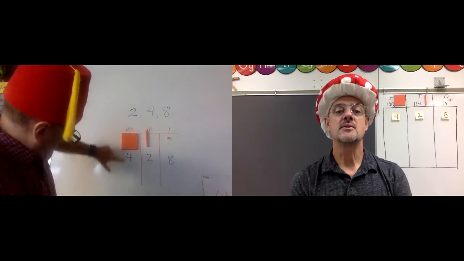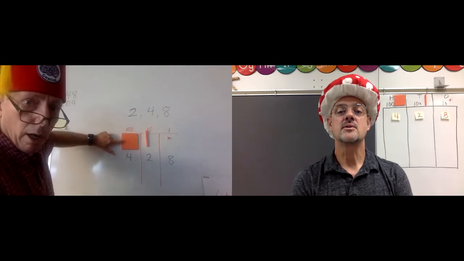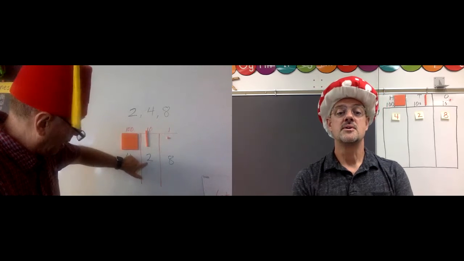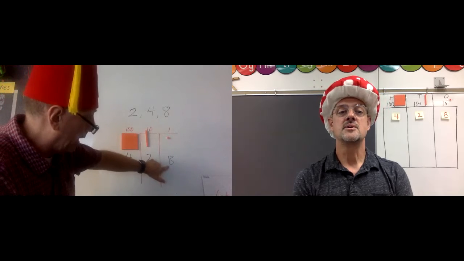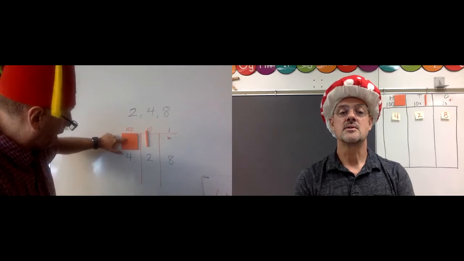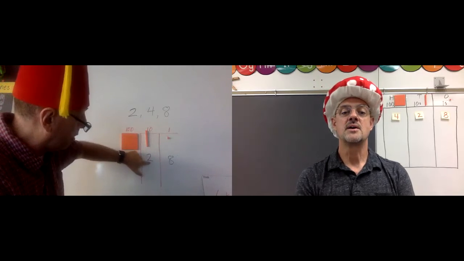But when you put the 4-digit here, that means 4 of the hundreds. And when you put the 2-digit here, it means 2 tens. And then when you put the 8 there, that means 8 ones. So you say 400, 2 tens is 20, 420 and 8. What do you think about that?